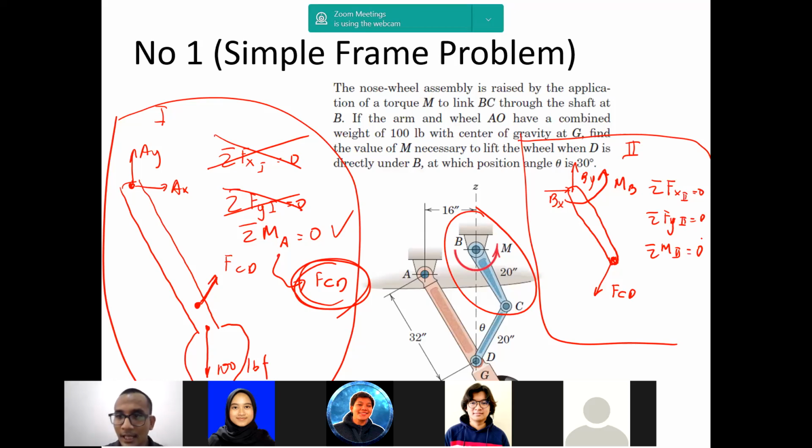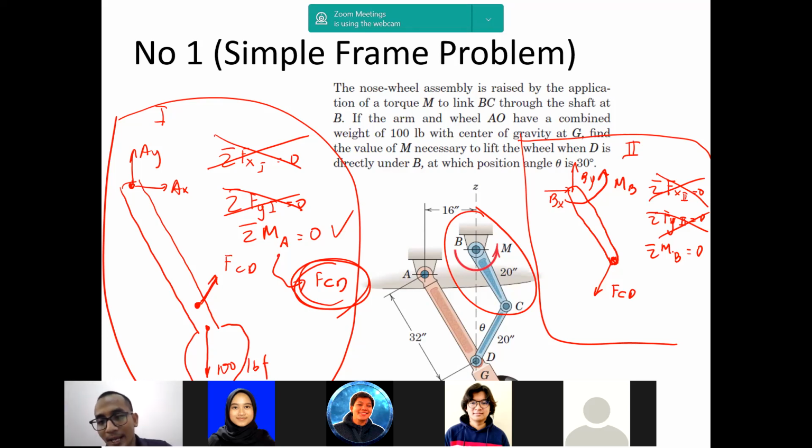In that case, we can just use the third equation. Just use sigma moment at which point, Randy? Yes, sir. Sigma moment at B, in order to solve for moment at B, correct. In order to nullify BX and BY, right?